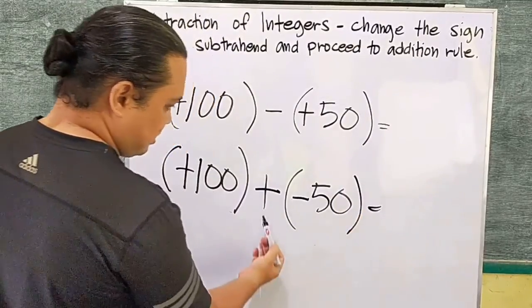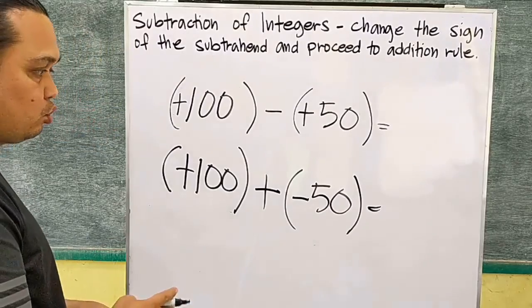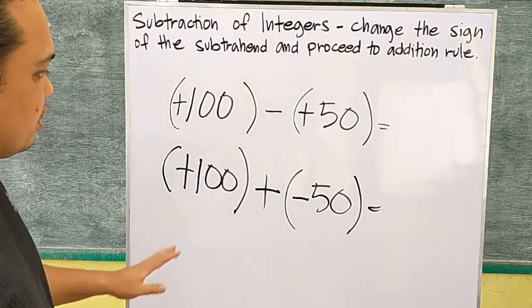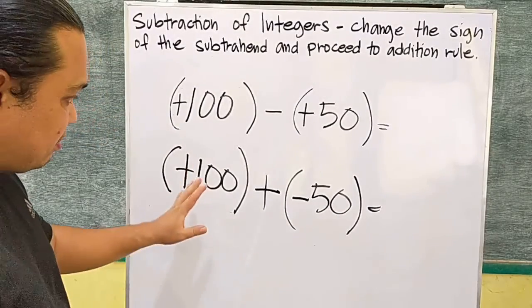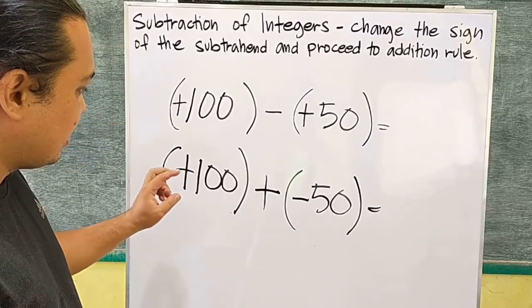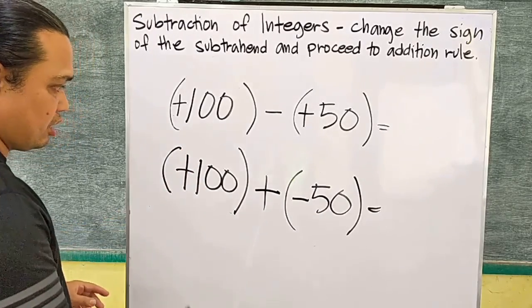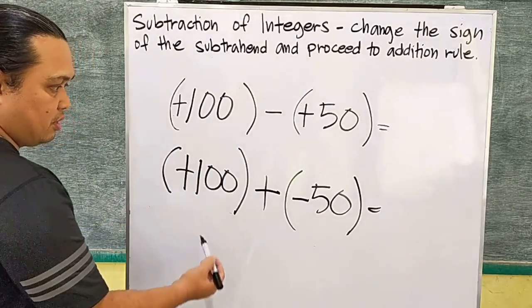And we are now adding unlike integers. And to add unlike integers, addition rule, we subtract the numbers and copy the sign of the number that has a greater value. So let's first subtract the numbers.